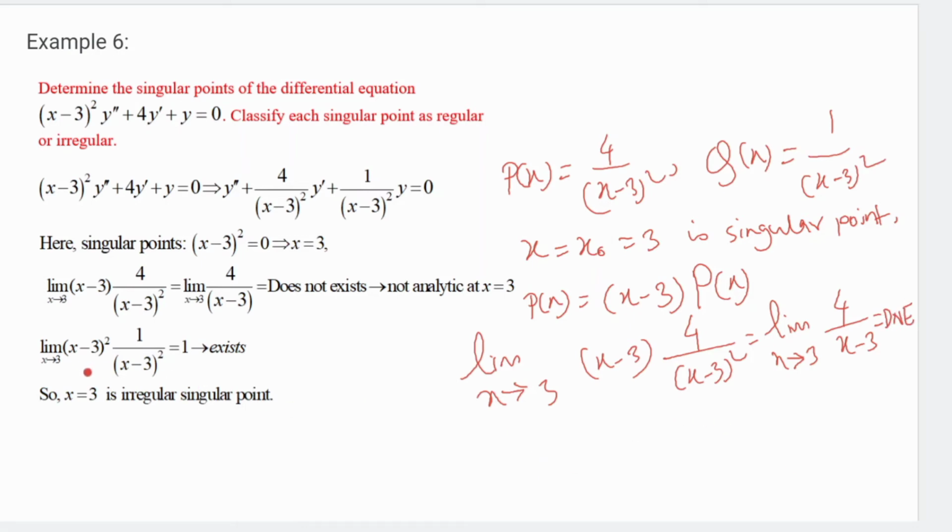That means this new p of x does not exist, so there is no need to proceed for q of x. We can say that x equals 3 is an irregular singular point. Even though the q of x limit exists, p of x does not exist. That means if any one of them does not exist, the point is an irregular singular point.